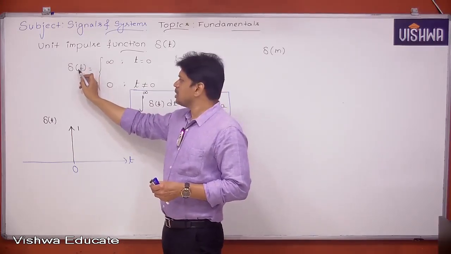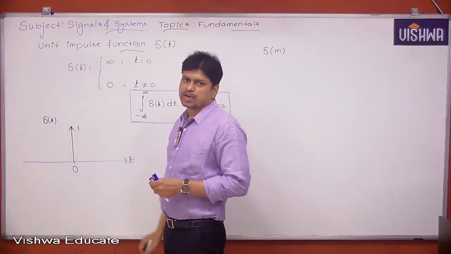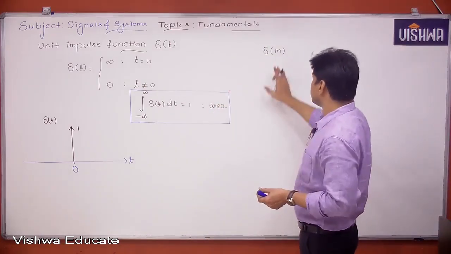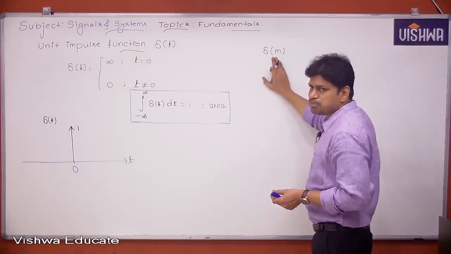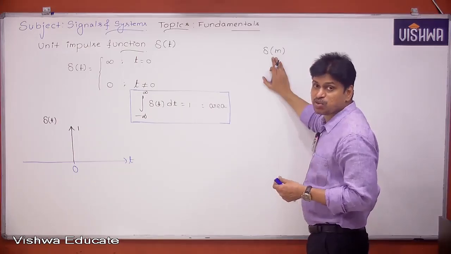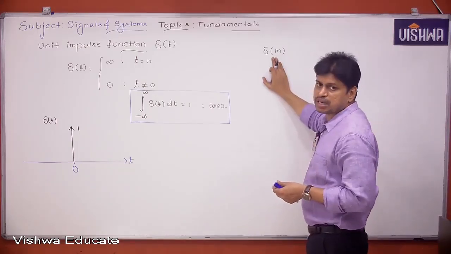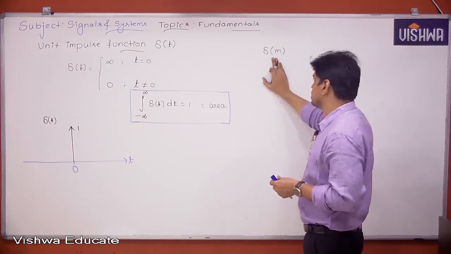Whenever the argument value, meaning the value inside the bracket, is 0, there we are getting an impulse function. So here also, at m is equal to 0, we are going to get an impulse function.